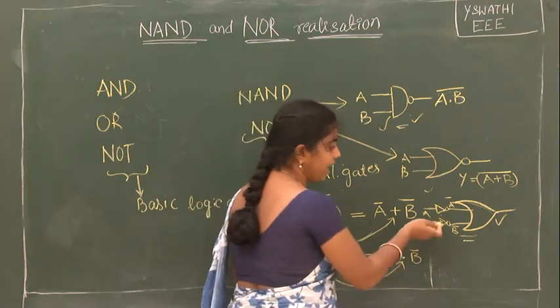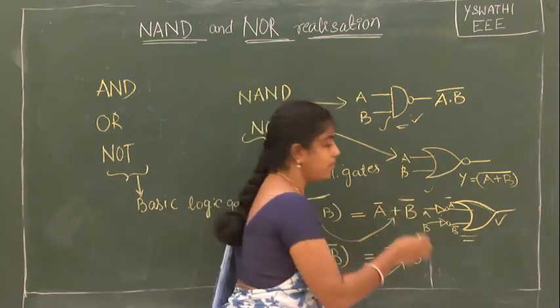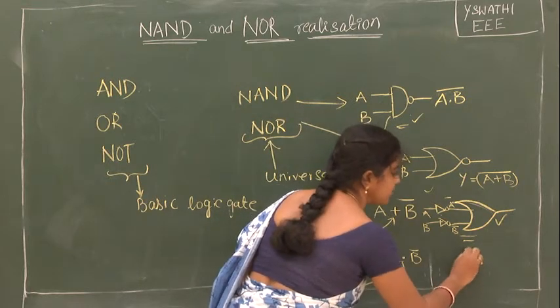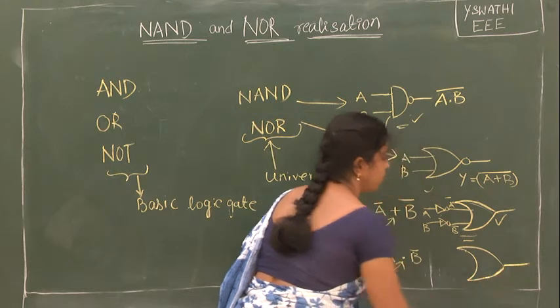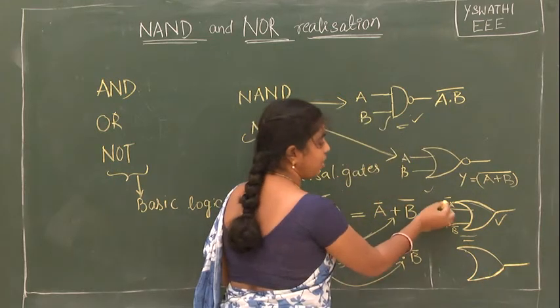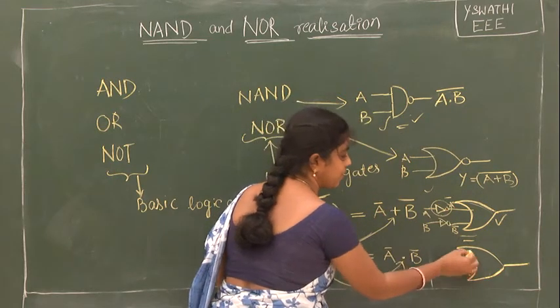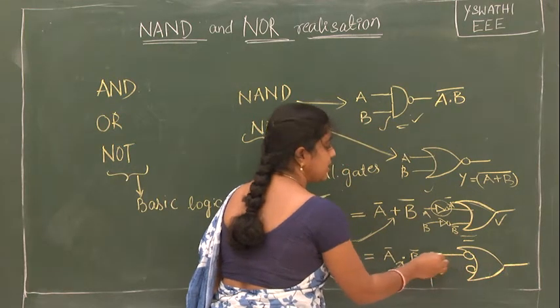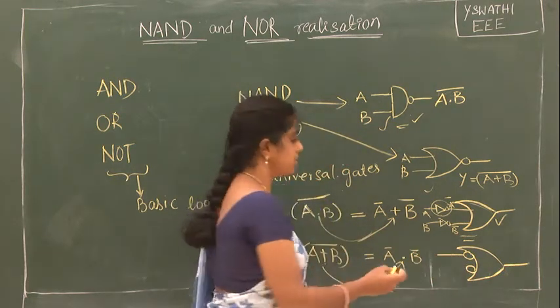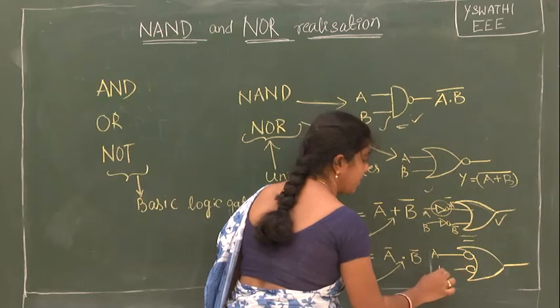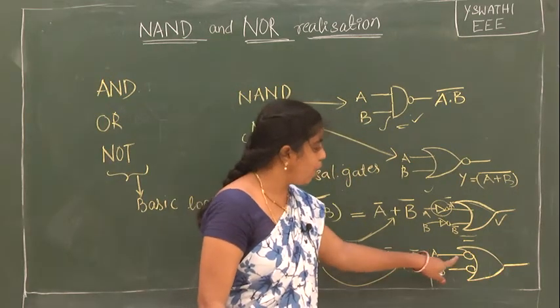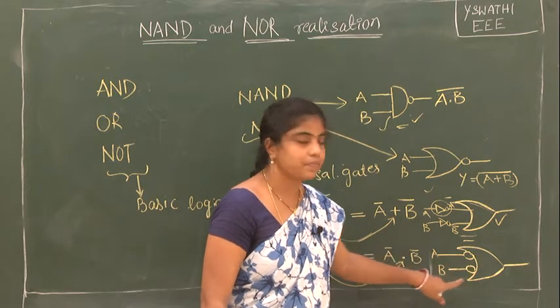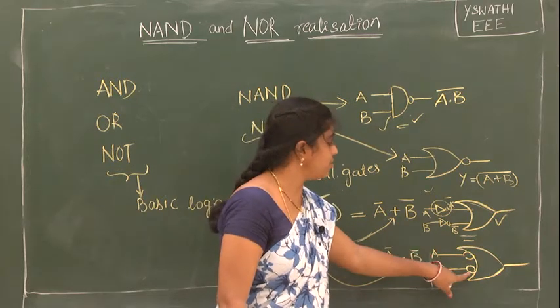And we can write this NOT gate in bubble form like this. This is an OR gate, and this NOT gate can be represented as a bubble here. This represents that the given input is inverted. So if it is A, B here, it represents that complemented inputs are given. So A is complemented and B is complemented.